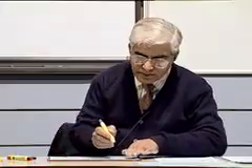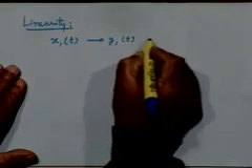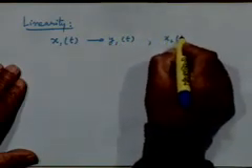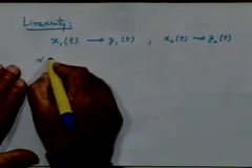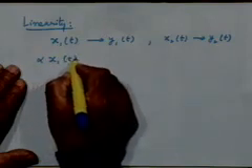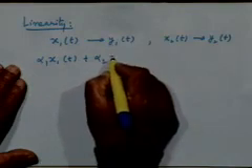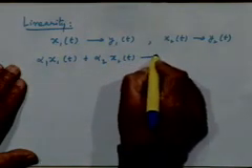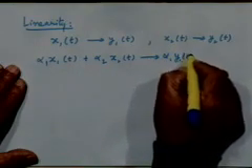In other words, linearity implies that if the system responds to a signal x1(t) to produce an output y1(t), and responds to the signal x2(t) to produce an output y2(t), then if I excite the system with a linear combination of these two inputs, namely alpha 1 x1(t) plus alpha 2 x2(t), the system will respond by producing an output which is a corresponding linear combination of y1 and y2.